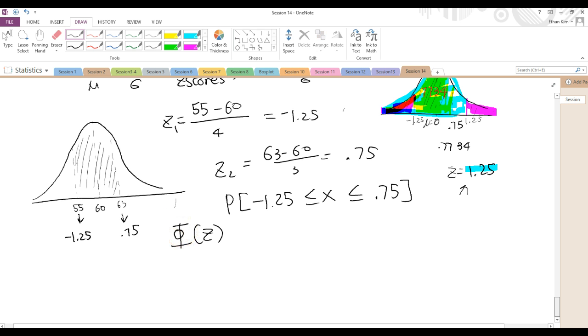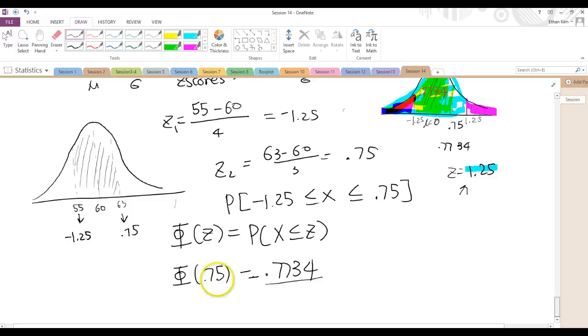Phi of z is equal to the probability that x is less than or equal to z. Say that we just found out that phi of 0.75 is 0.7734. That means the z-score of 0.75, the area up until that point, is the following, and we denote that as phi of something.